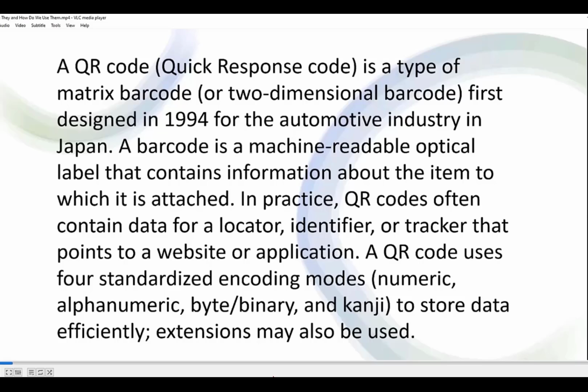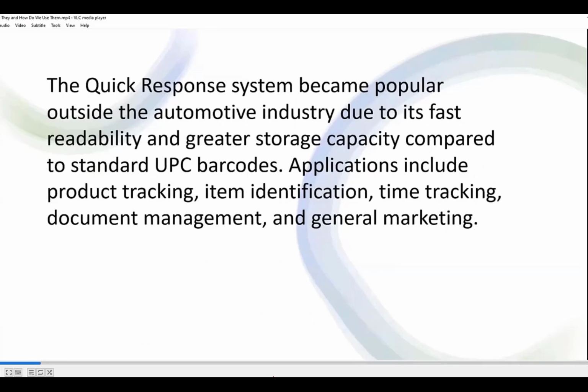In practice, QR codes often contain data for a locator, identifier, or tracker that points to a website or an application. A QR code uses four standardized encoding modes: numeric, alphanumeric, byte and binary, and kanji to store data efficiently. Extensions may also be used.